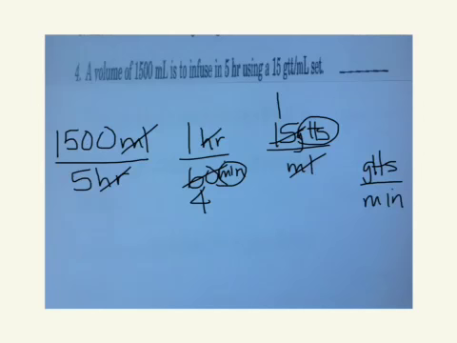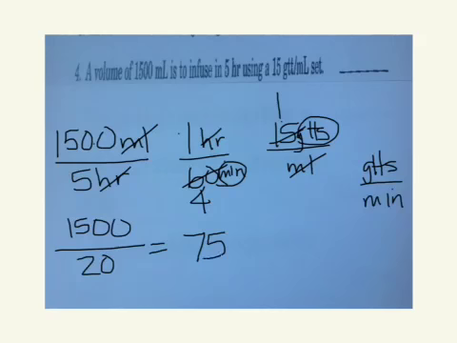And then what you'll have left is 1,500 over 20. Then you're going to simplify that and divide 20 into 1,500, which gives you 75. And there's your answer, 75 drops per minute. So you're going to be standing there for a few minutes counting those, but I think you have the hang of it. So let's move on to a different type of problem.